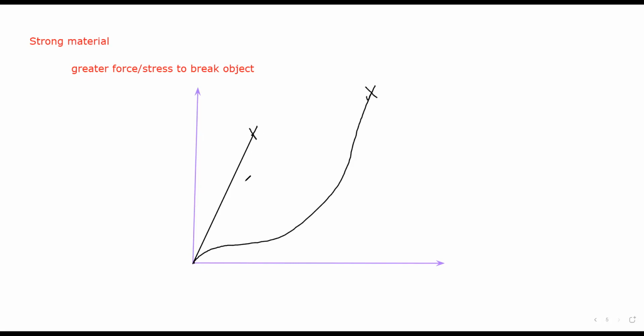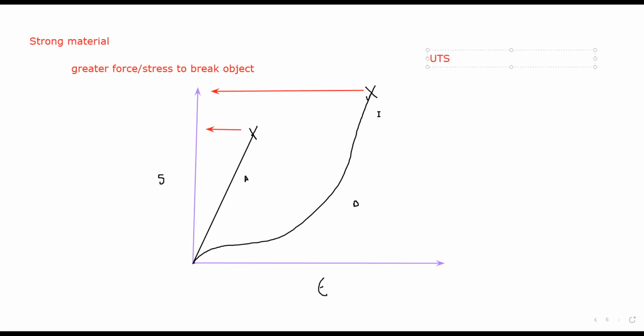The cross means it breaks down at this point. Which is a strong object, A or B? So B is stronger. Why? Because you will work out from the graph that B needs greater force as compared to A. And the maximum stress which is applied on the object, that is called ultimate tensile stress or UTS.